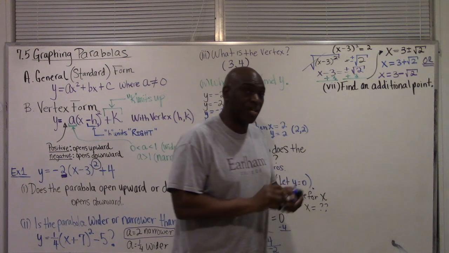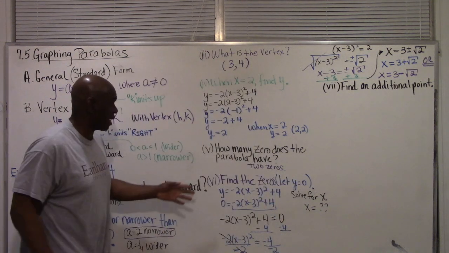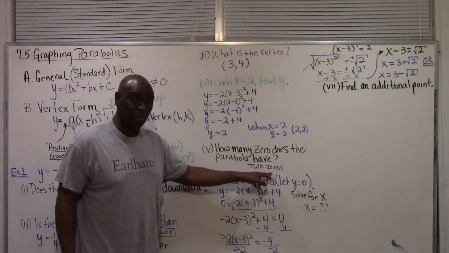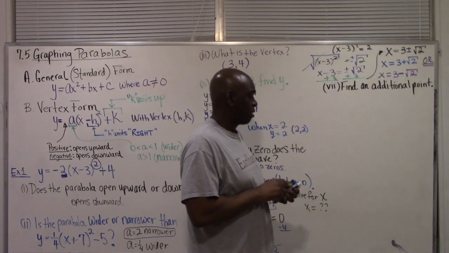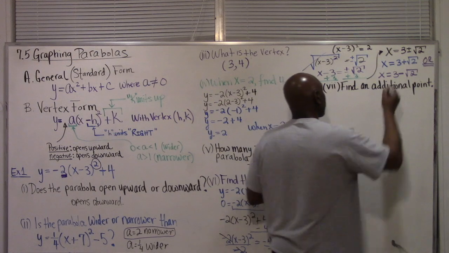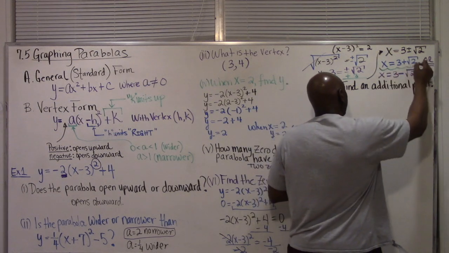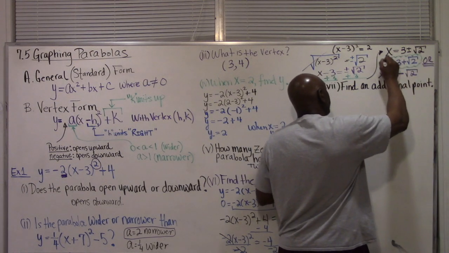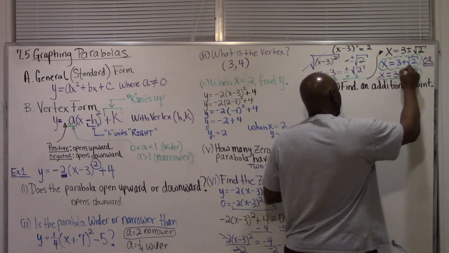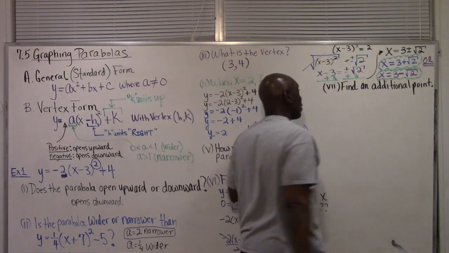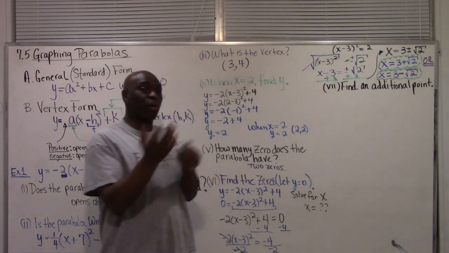And those are your two answers. Because you told me there you had 2 zeros, right? Look, 2 zeros. And we found them. Here's one zero. That's one solution. And here's the other one. We have both of them. X is either one or the other.